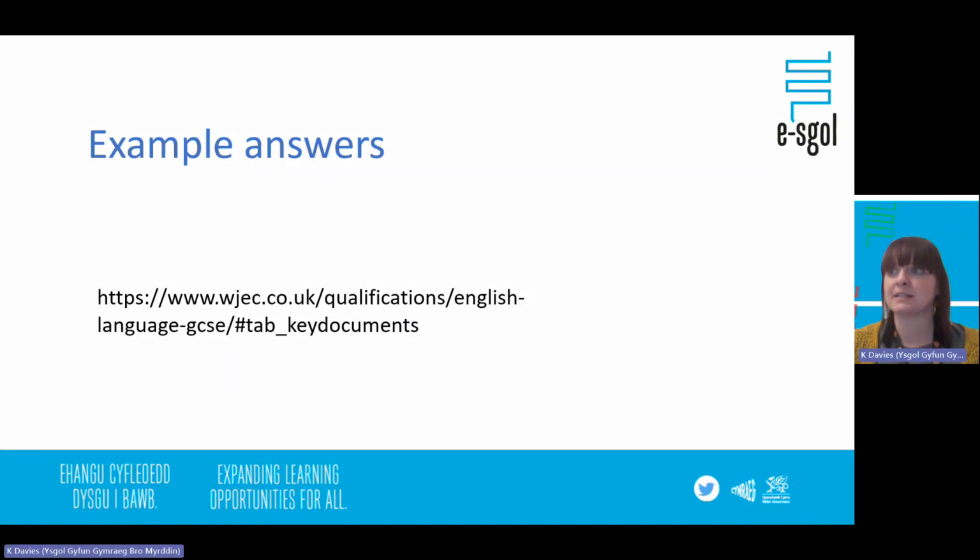And what you'll have is a list of annotated exemplars that you're able to access then. And you can scroll through, you can see the different marks that are potentially being awarded. And it obviously will give you a little bit more understanding of where marks are awarded, where marks are taken away. But what you will notice when you go through those annotated exemplars, so annotated means the ones that have been marked and you can see the marks and the comments, is that every single error has been underlined by the examiner.